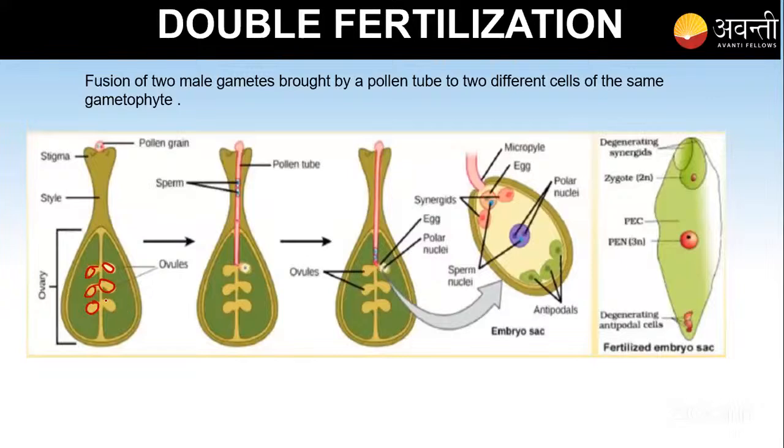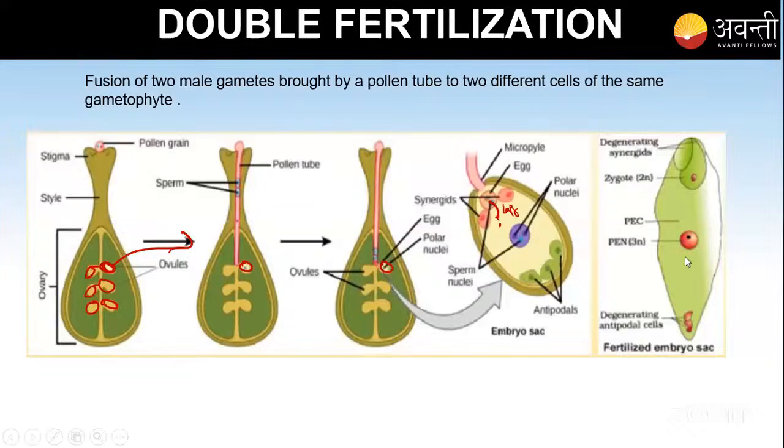In this ovule we are zooming in. The pollen tube has entered this ovule. Now the pollen tube will burst the synergid cell and release the two gametes. One gamete fuses with the central cell, and one with the egg cell.